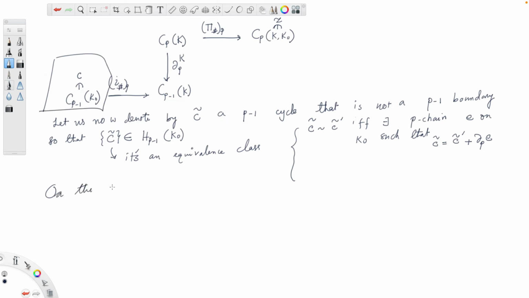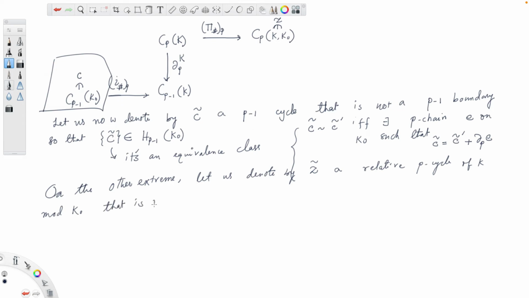On the other extreme, let us denote by Z tilde a relative p cycle of K mod K0 that is not a relative p boundary of K mod K0.